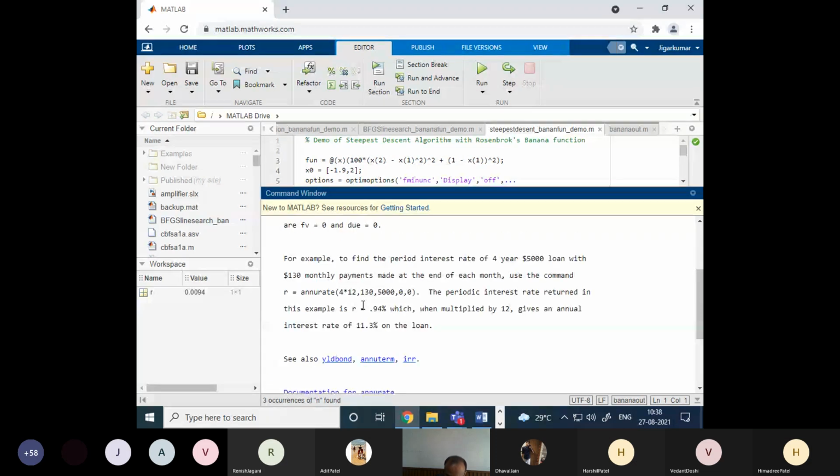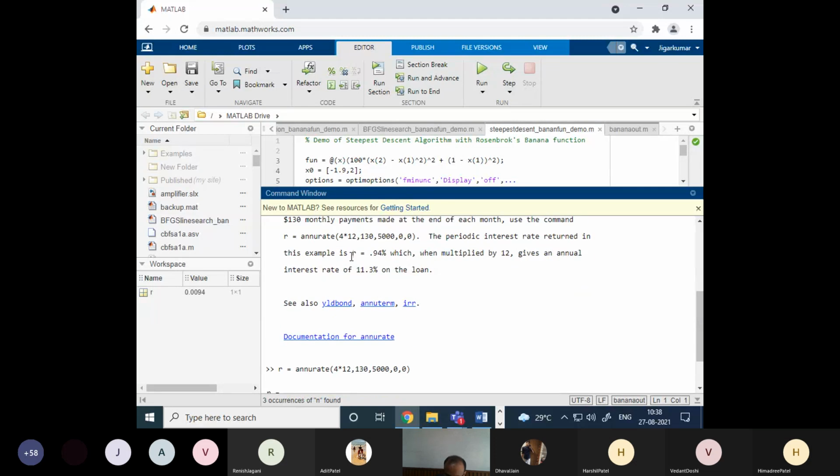So the interest rate here is 0.94%, but this corresponds to the monthly interest rate, because it is the rate for a period. You have to multiply it by 12 to get the annual nominal interest rate. You can use the effective interest rate and other formulas to convert it into the effective annual rate also.